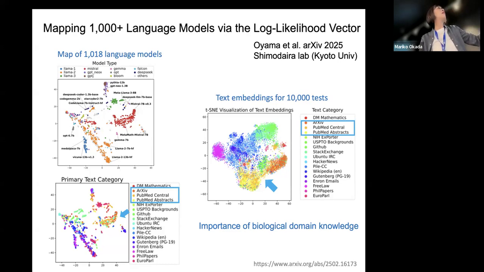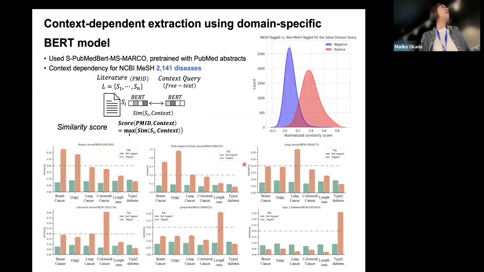In this case it is PubMed, but we can train with experimental data or other databases and so on, so that is definitely possible. So this is the first confirmation that such context-dependent extraction can be better than the normal PubMed things.